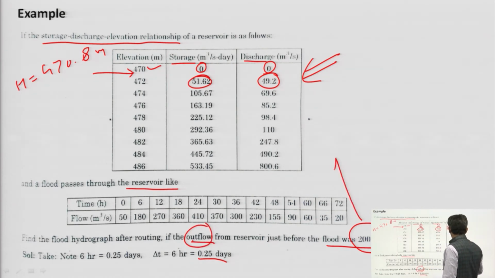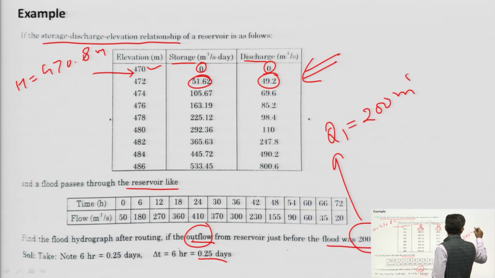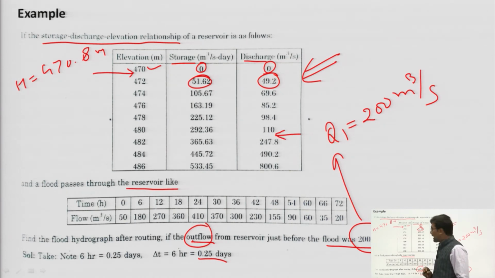The value of Q1 is given to us: Q1 is equal to 200 meter cube per second, and at this discharge, this will lie here.